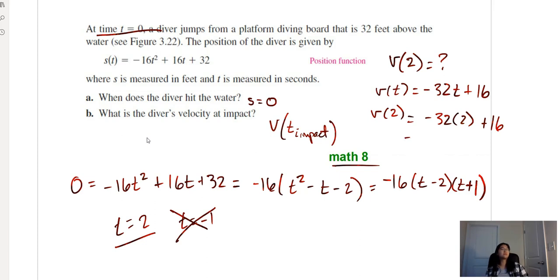Because that's a constant. So what do we get? -64 plus 16, and that is more effort than I feel like. It's -48. What are the units? Feet per second. t equals 2 seconds. Boom. You could do this with Math 8. Just plug the function into your calculator, and you can take a derivative. It's really nice. All right, I think that's it.